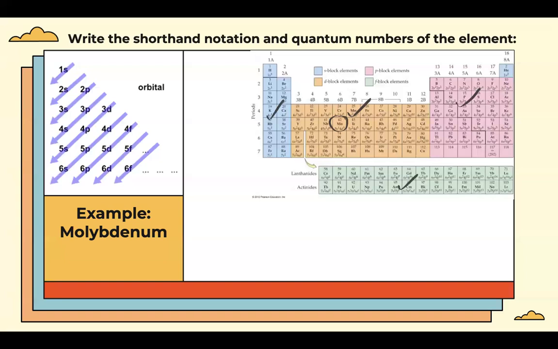So the first step is to write, of course, the symbol for molybdenum and its atomic number, which is also the equivalent of its electrons. Next is to locate the noble gas that is closest to molybdenum but will not be greater than the atomic number of molybdenum. So your noble gases are located here on the side.